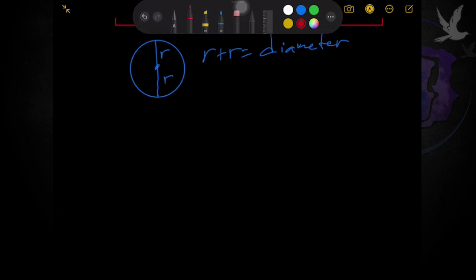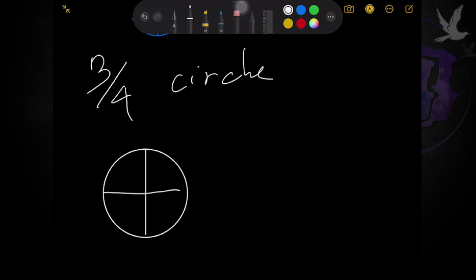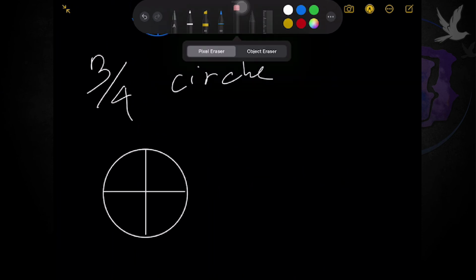Okay. So, for the semicircle, Teacher Mark, how about sa 3/4 circle? Exactly the same thing. Explain ko bakit. For a 3/4 circle, or the Pacman, erase natin.